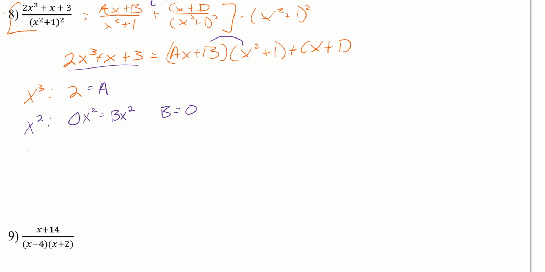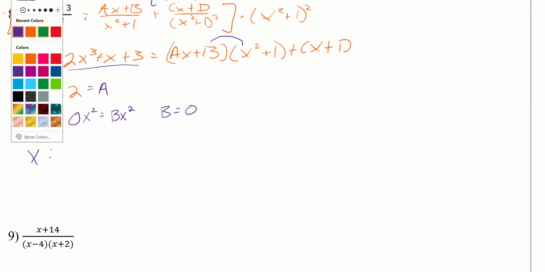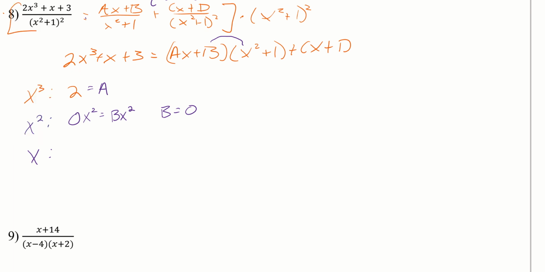Okay. And now x. On the left-hand side, here's our x, so it's 1x. So this right here would give me an x, right? So that gives me ax. Now I'm going to look here. Do either one of those give me an x?